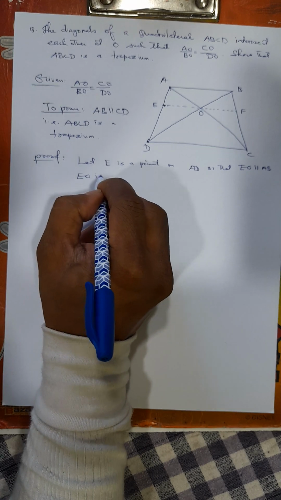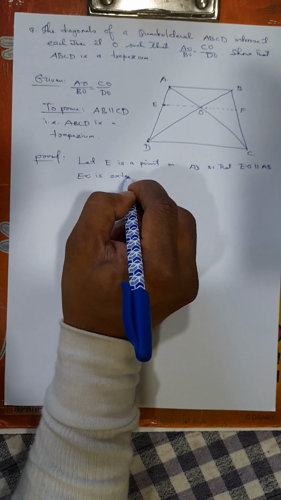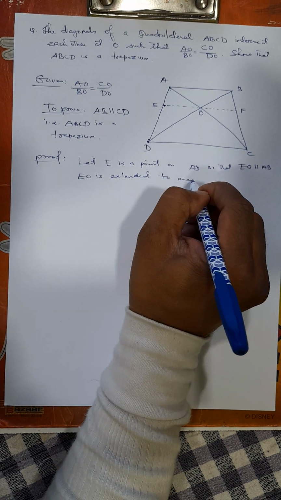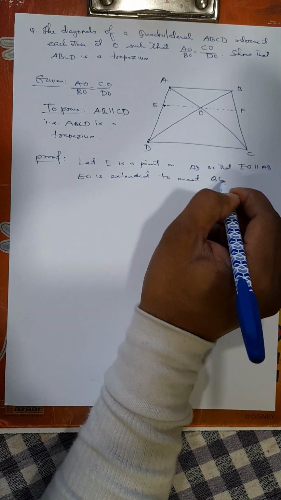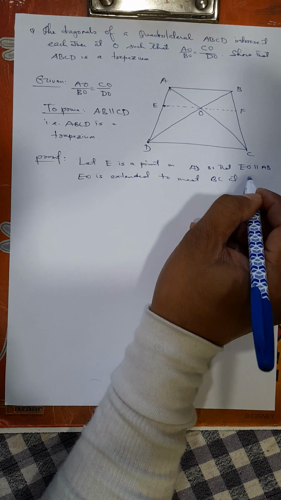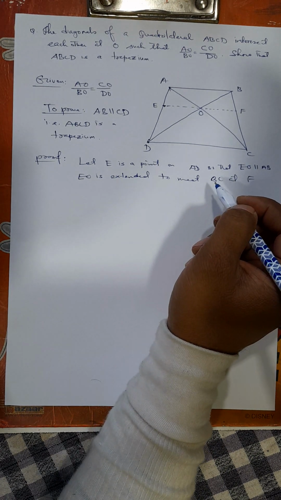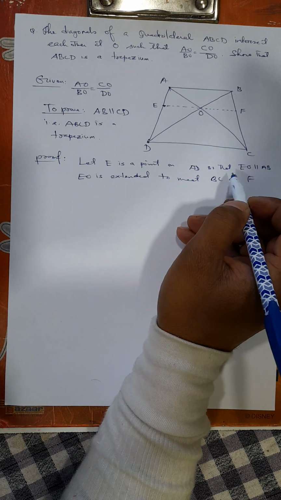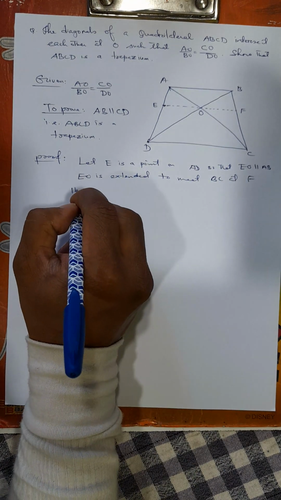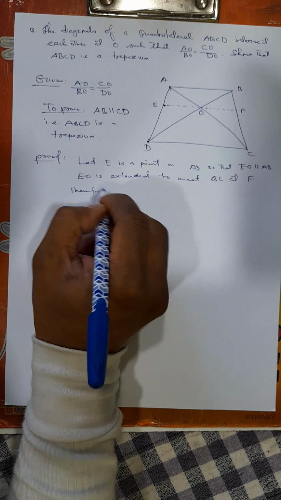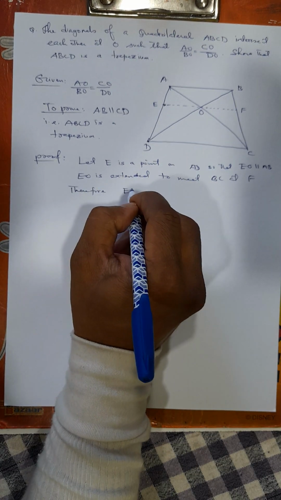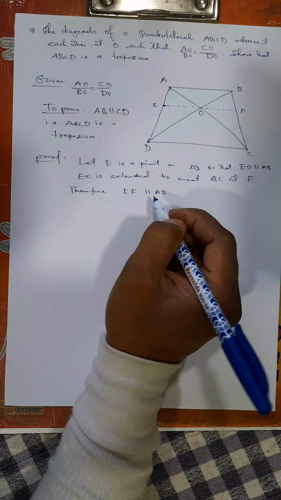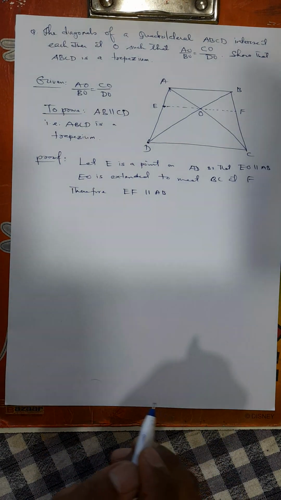EO is extended to meet BC at F. Therefore, EF is parallel to AB. EF is drawn parallel to AB.